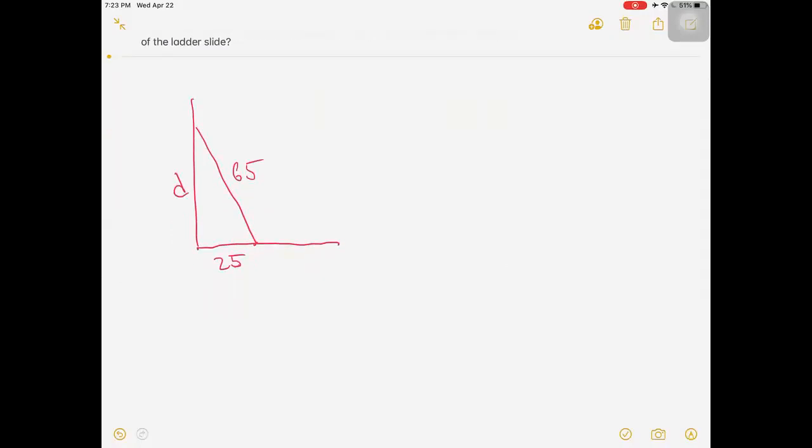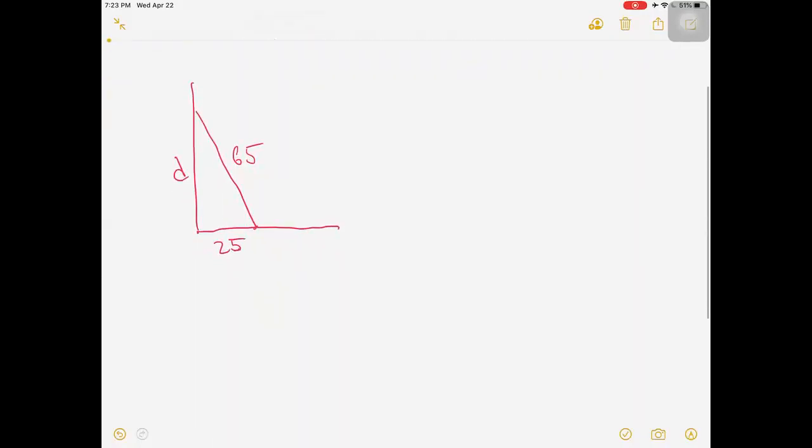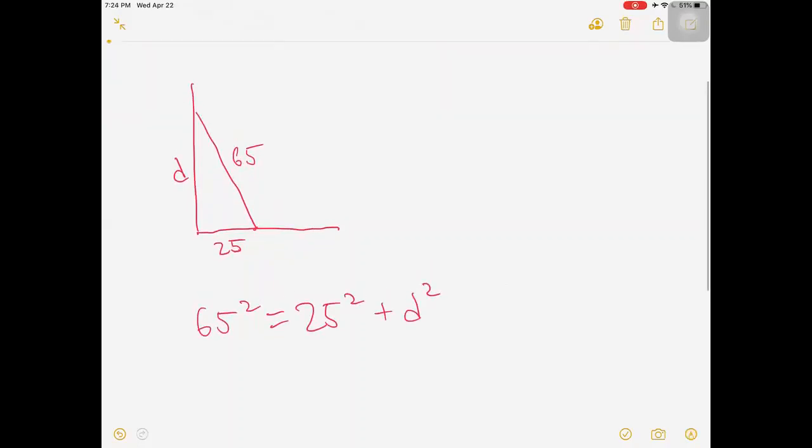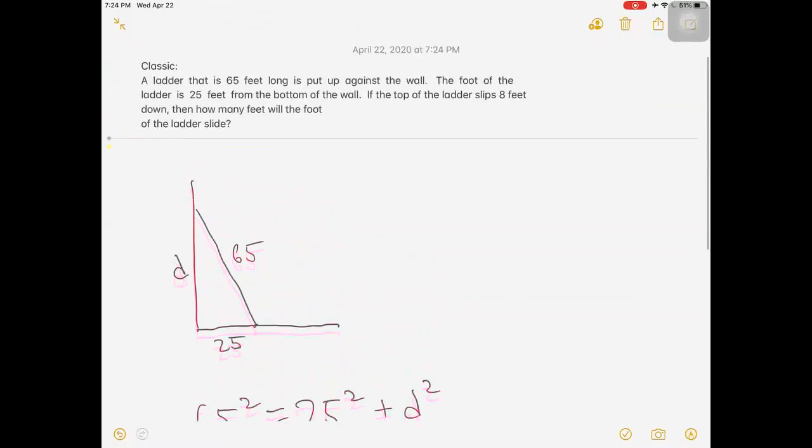Yeah, it's a triple, but you can do 65 squared equals, we use the Pythagorean theorem here.